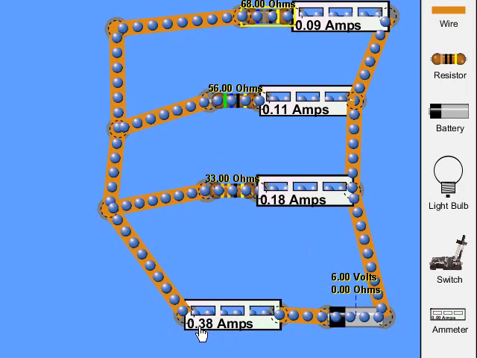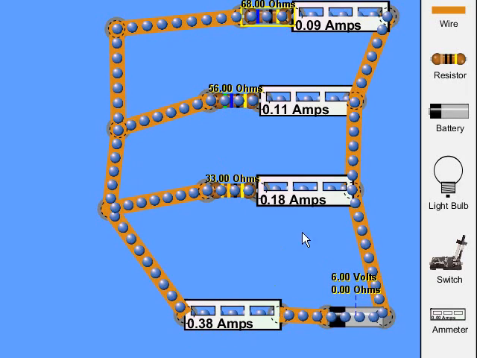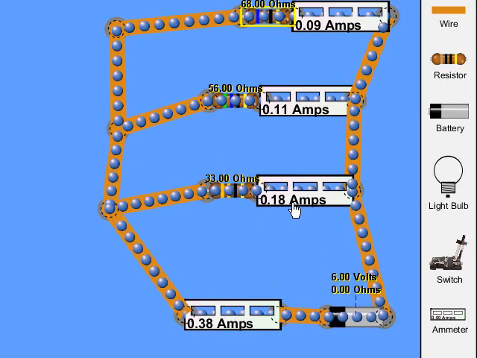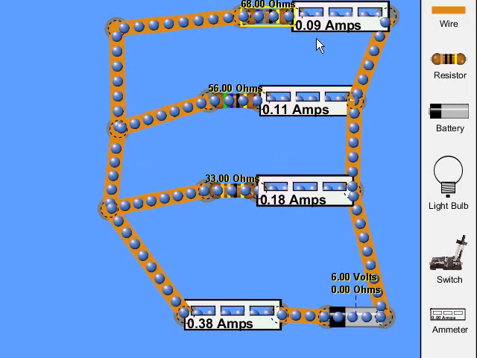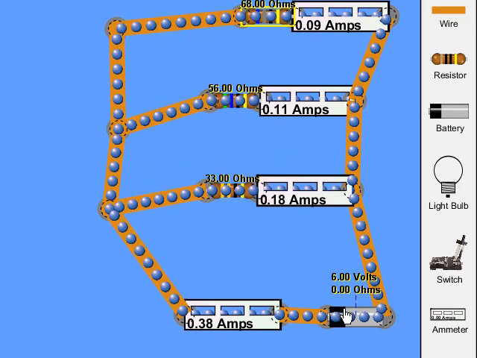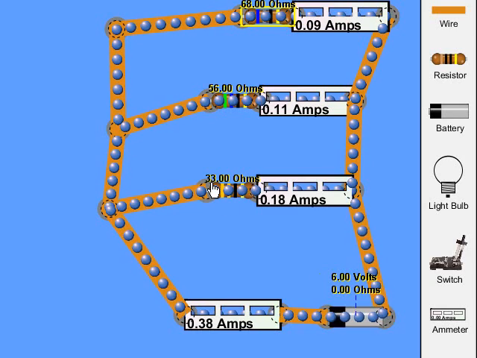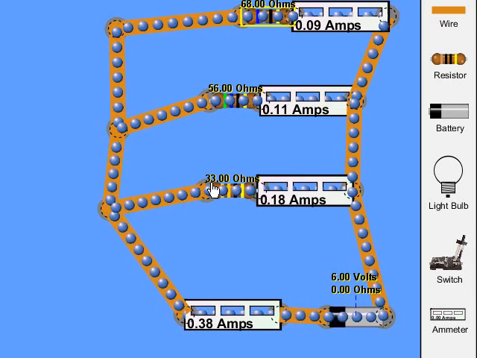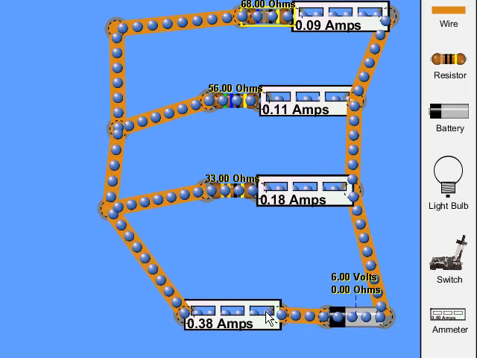Notice that nevertheless the amps that I get, the total current, is the same, 0.38 amps, and the way that it splits up is the same as we had calculated earlier as 0.18, 0.11, and 0.09 amps, and that is because I divide by a number that I divided by 10 and divide that by another number that was divided by 10. So actually for the currents that doesn't matter.